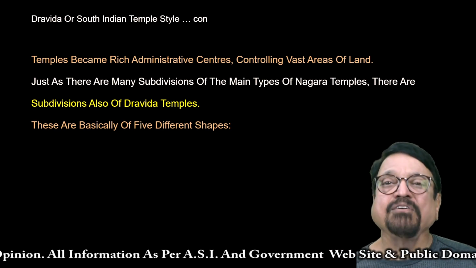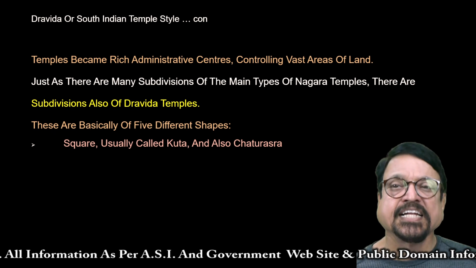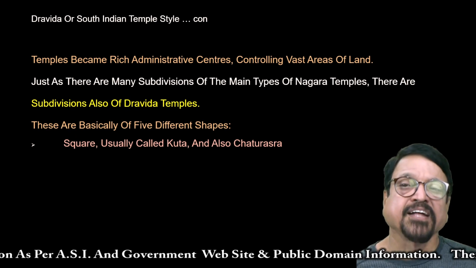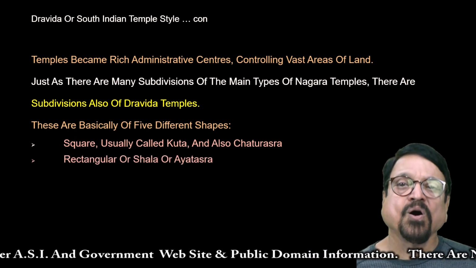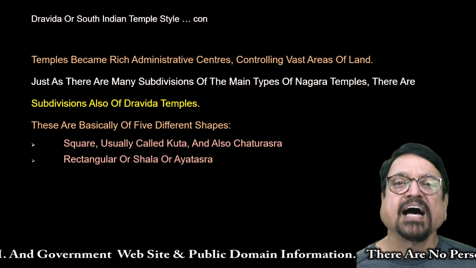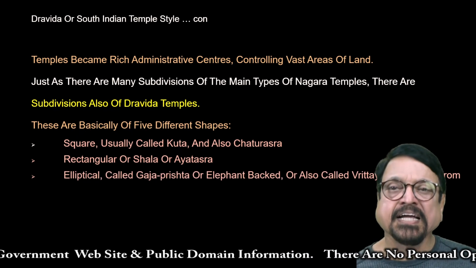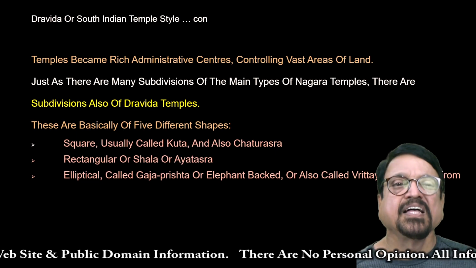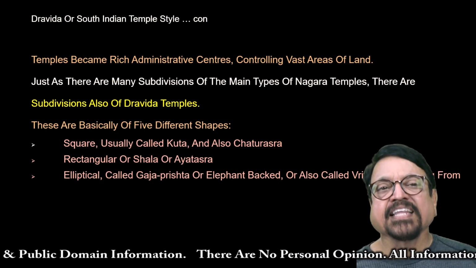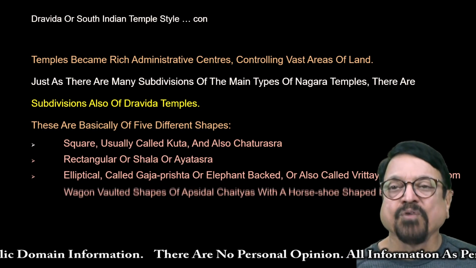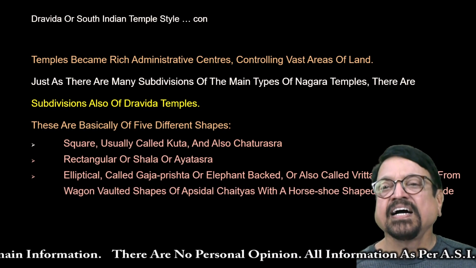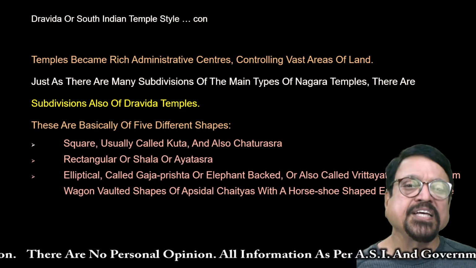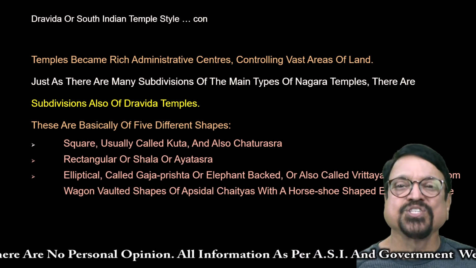Now there are 5 basic different types of temple architecture, that is square, usually called kuta, and also chatursara, then rectangular or shala or ayatasara, then elliptical, also called gajaprishtha, that is elephant back, or called vritayata, or they are derived from the wagon, that is vaulted shaped, and upside chaityas with horseshoe shaped entrance facades.